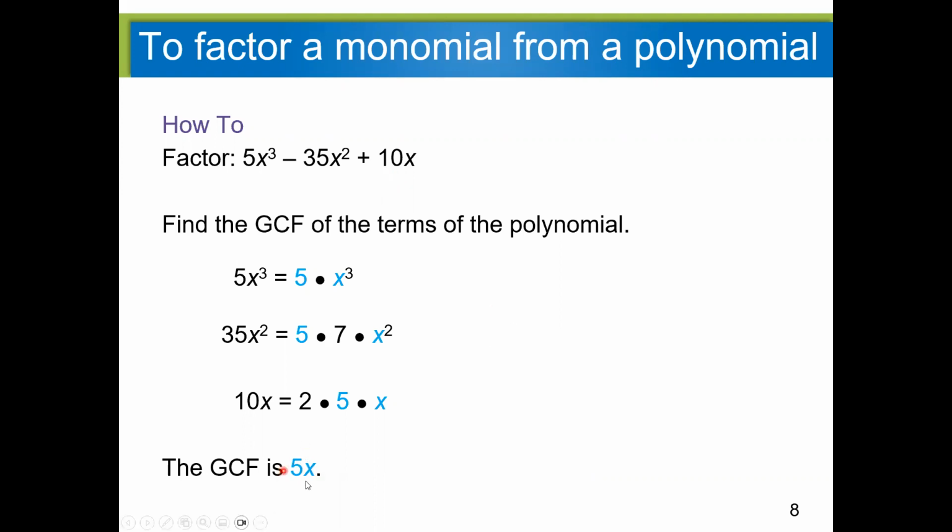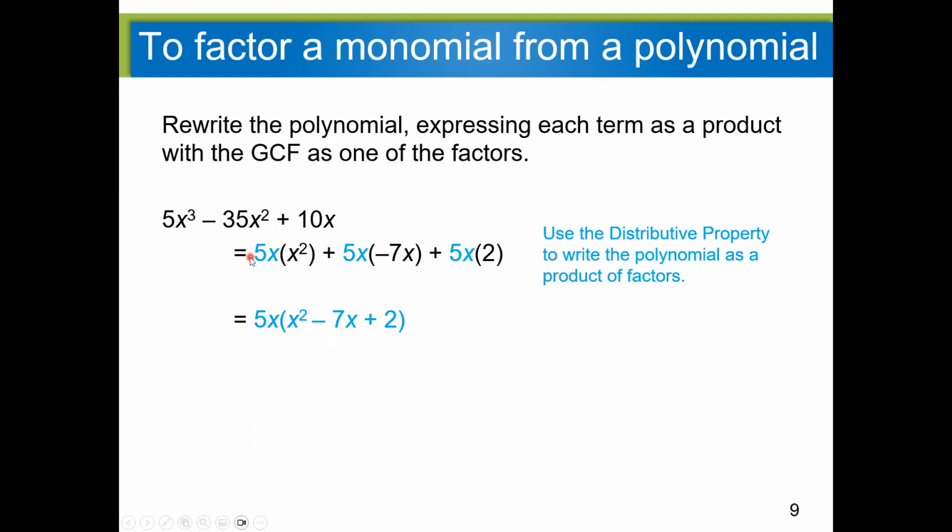Notice here, our greatest common factor is 5x, because 5x is a part of each of those three terms. That's useful because if I essentially pull 5x out of it, as shown here, I can create a new equation that has much simpler terms and much smaller numbers. This equation down here at the bottom is the previous equation, this one up here, but I factor out the 5x, so I kind of remove it, right?